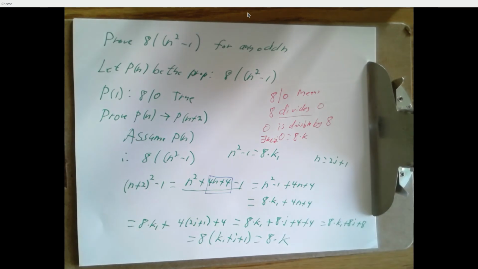But throw in a few odd numbers and you'll see that those seem to be divisible by 8. 4 times 1 plus 4, 4 times 3 plus 4. And once you see that 4n plus 4 is probably divisible by 8, then you try to prove it using the fact that n is odd. So sometimes it's like, this is the only possible path that I know how to take, so I've got to make it work. That's a lot of mathematics.